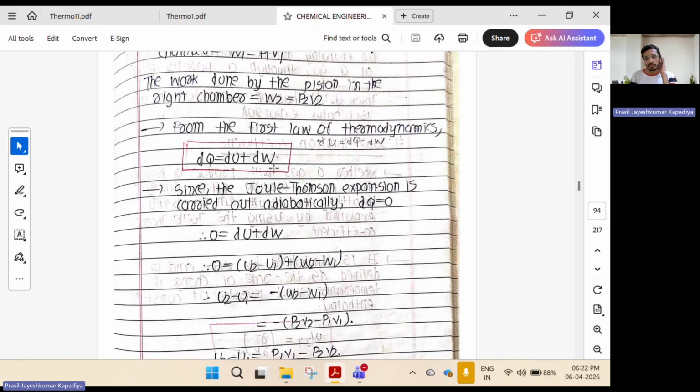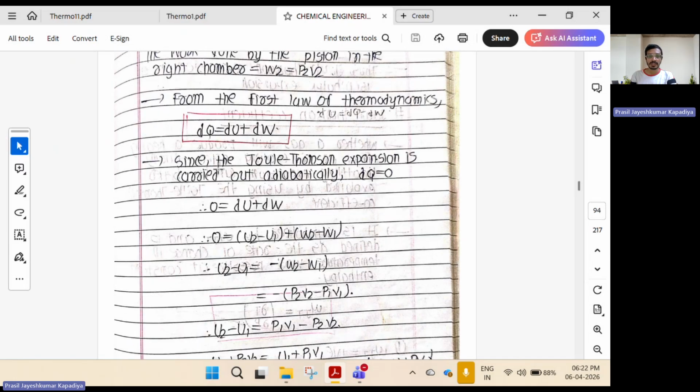Now from the first law of thermodynamics we know that dU is equal to dq plus dW. So dq is equal to dU plus dW, where work done by the system is taken positive. That's why we have this equation.